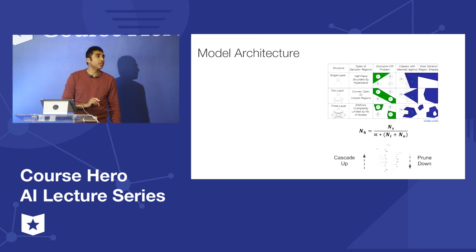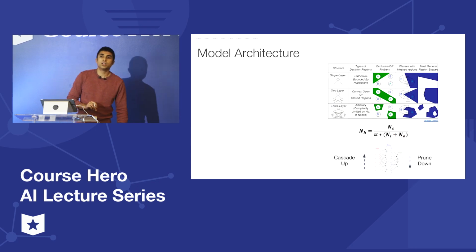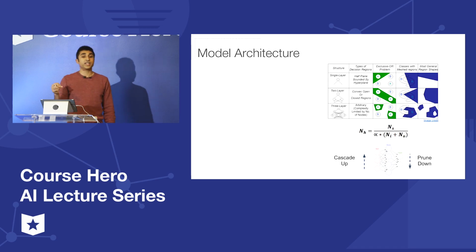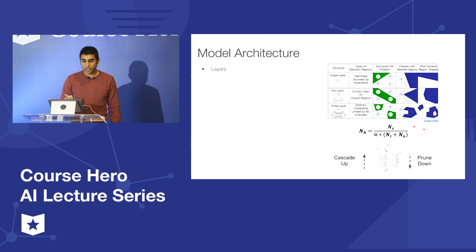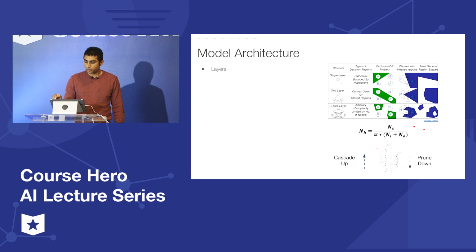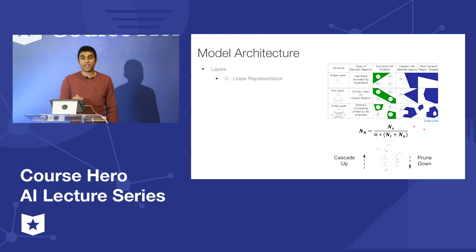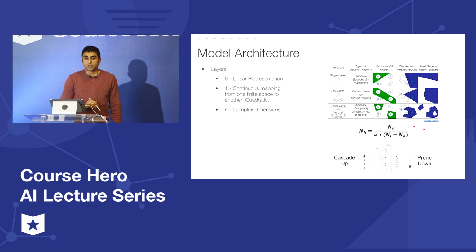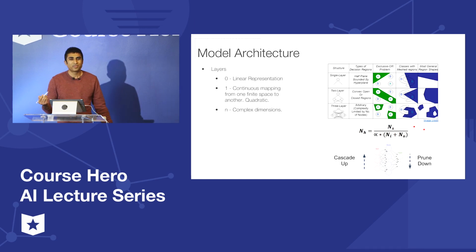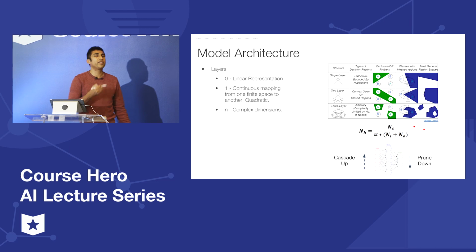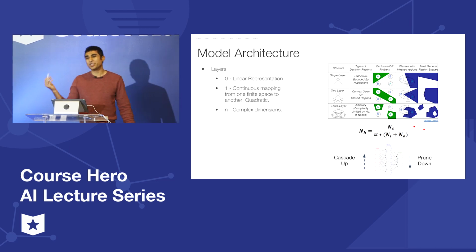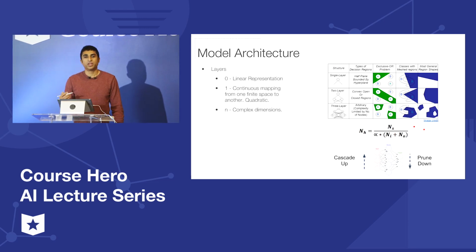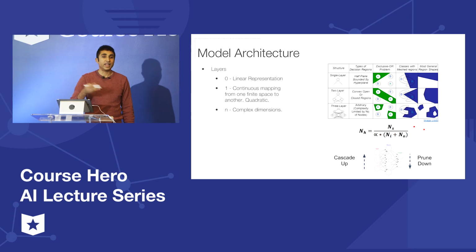The next thing that you do is to reduce the model architecture complexity itself. You can come up with some thumb rules, and the thumb rules are based on what's the total number of layers that you need, right? If you have 0 layers, it's a linear representation. Even if it's a nonlinear activation function, there's not much of interesting things happening in that layer, which is just one neuron.